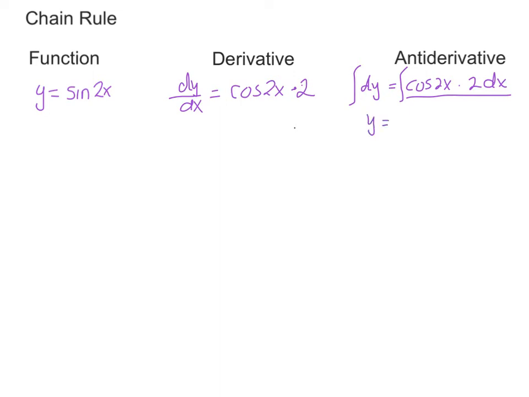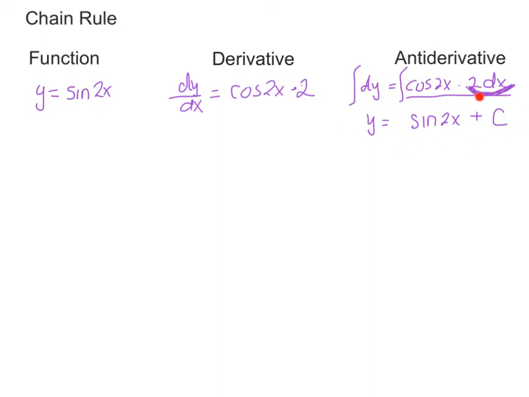The integral of this, if you'll notice, is the derivative of the inside. But the antiderivative of a derivative should get us back to the function. So if I integrate cosine, I get sine 2x plus c. Notice, y equals sine 2x is what we had to begin with, and when we take the antiderivative, we get the same thing.